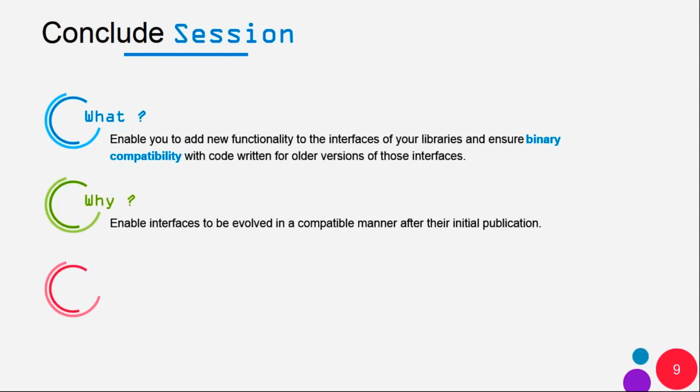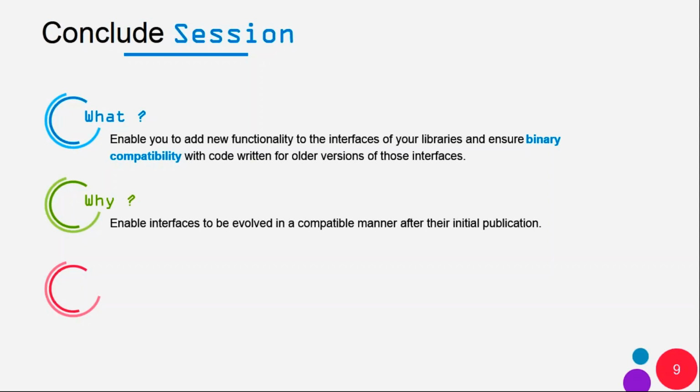If you are not clear about binary compatibility, I would request again to go through the first part of the same session, and then things would become clearer to you. And why did we introduce the static and default method with the interface? Just to enable interfaces to be evolved in a compatible manner after their initial publication.